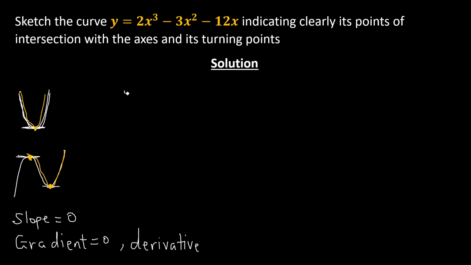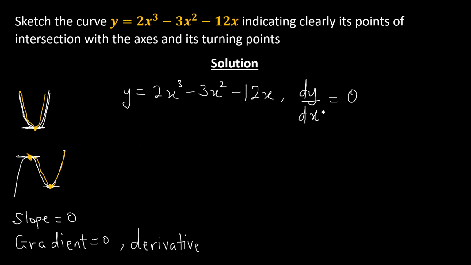So let's write the equation of the curve, which is y equals 2x cubed minus 3x squared minus 12x. In order to find the turning point, we say the first derivative, dy/dx, which is how to write the first derivative, is equal to 0.